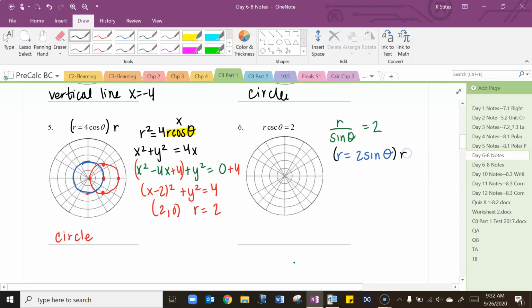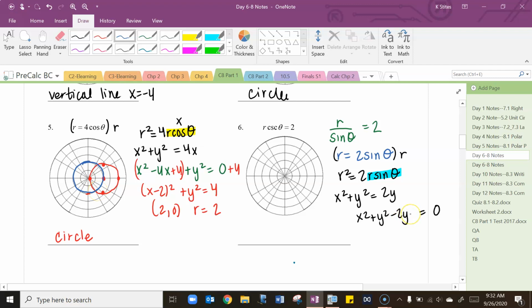So now we can proceed in the same way. Multiply by r on both sides. We'll get r squared equals 2r sine theta. r sine theta is going to become a y. Move your y over. And then we will have to complete the square here. This one will have a shift in the y direction as opposed to the x direction, like our circle right here.